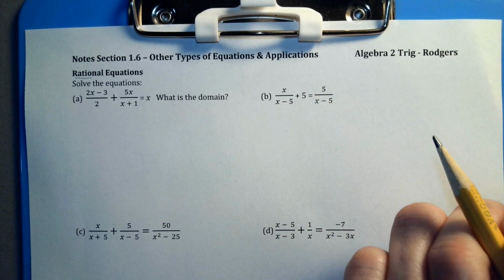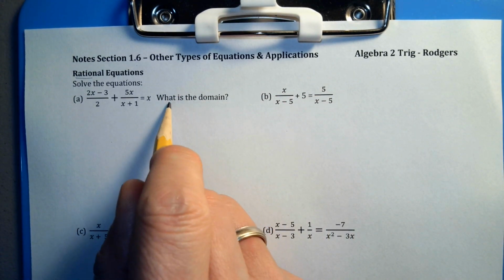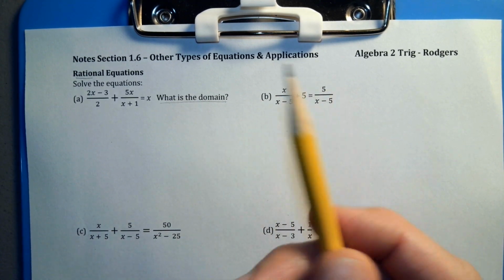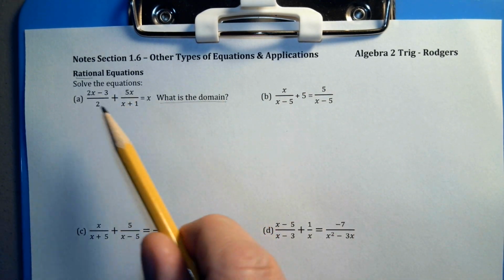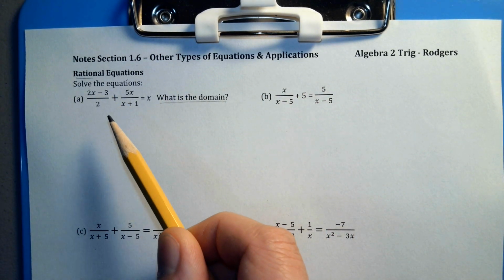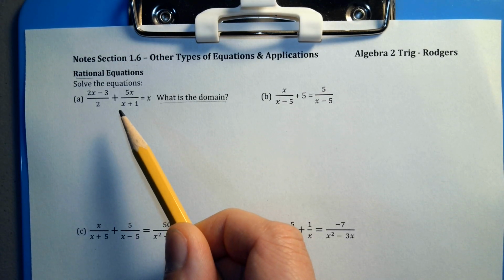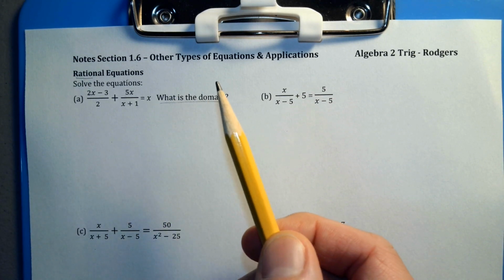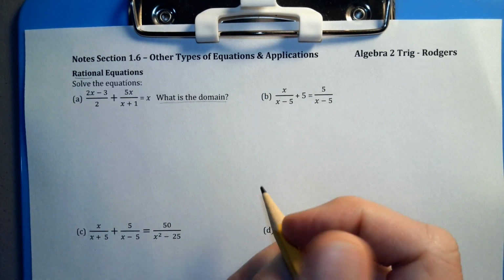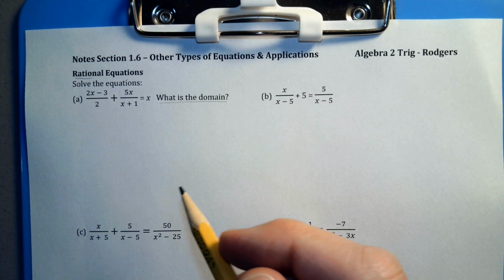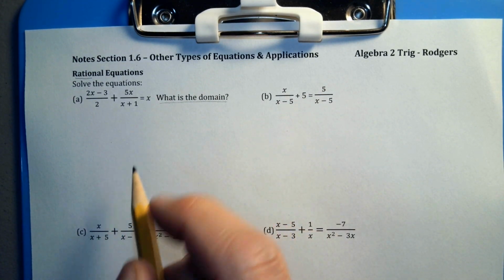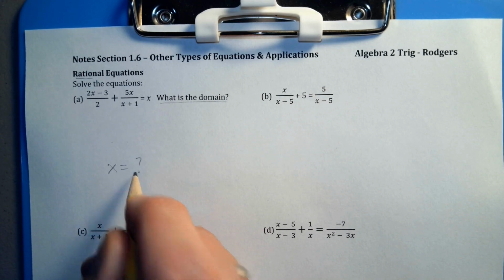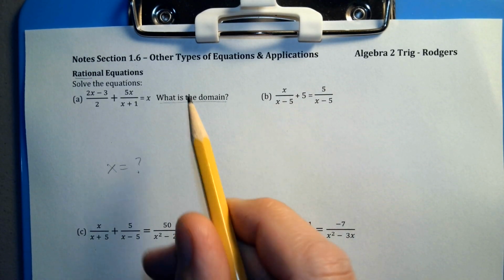So what we first want to do is, well, first let's talk about what the domain is. All right, so what's the domain here? And so instead of talking about what values x might take on, at this point we want to talk about what values x could not take on. And so really what we want to think about is what would we have to eliminate if it came up as a solution. So we work through the problem, we have x equals some number, and what number would be bad?